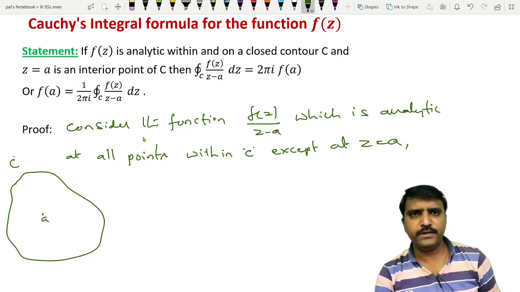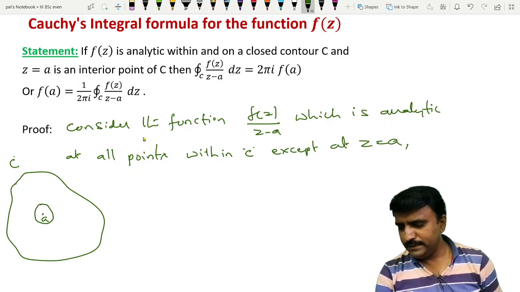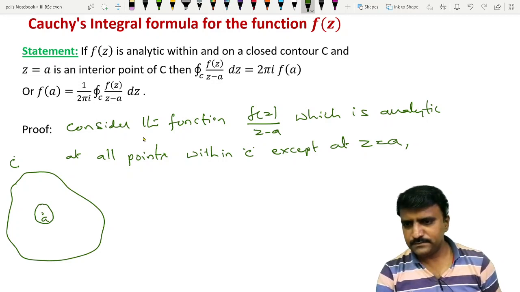By taking a as the center, you try to draw a small circle. It should be very small. Just imagine this is the circle with a as the center, and take its radius to be some r.